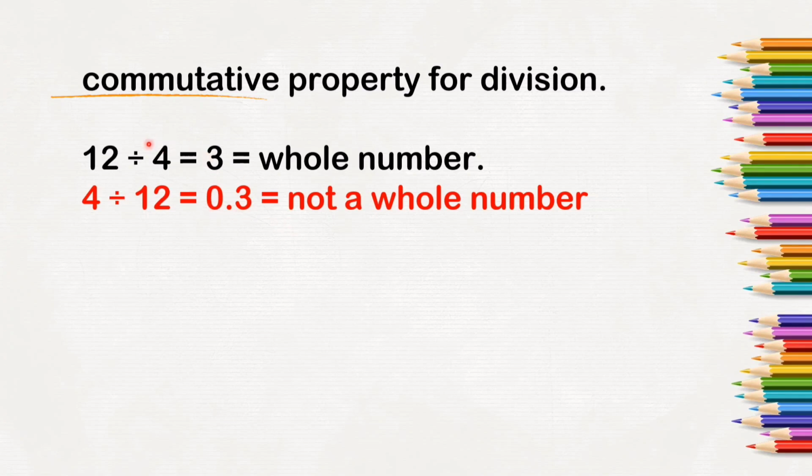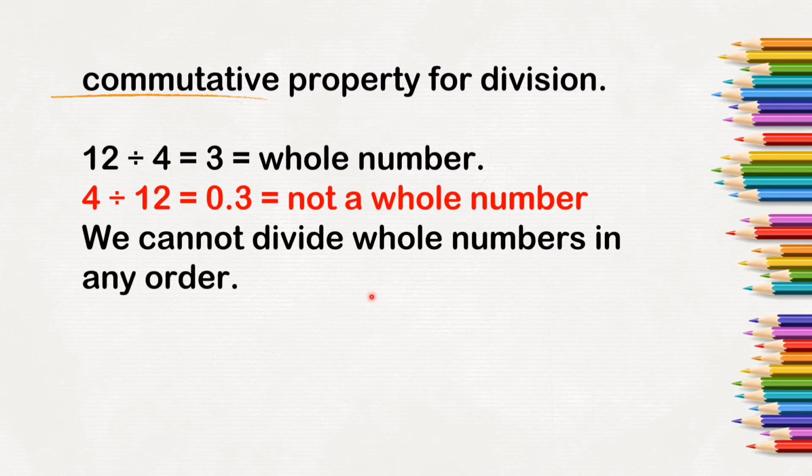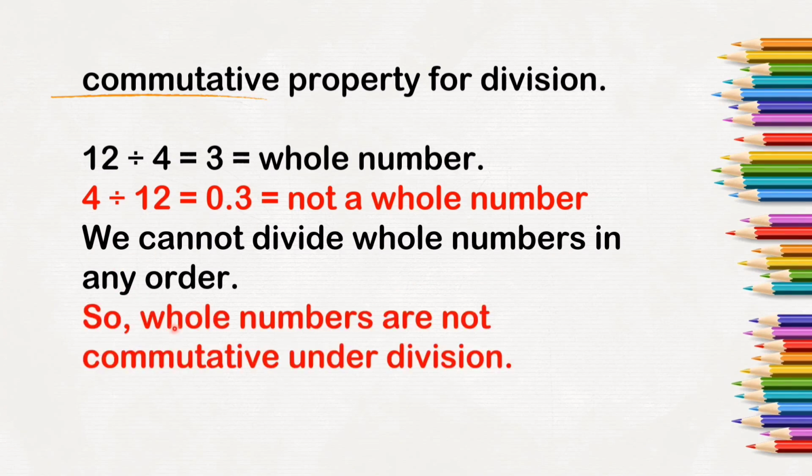So, when we interchange the numbers and try to divide, the result is not the same. So, it does not come under commutative property. So here we can say we cannot divide whole numbers in any order. So whole numbers are not commutative under division.